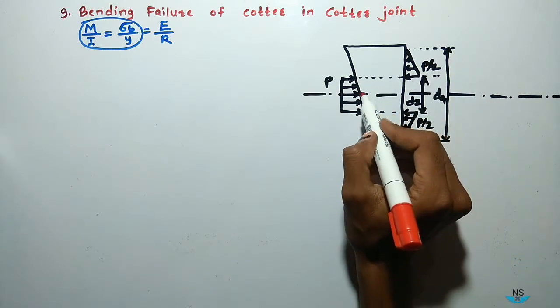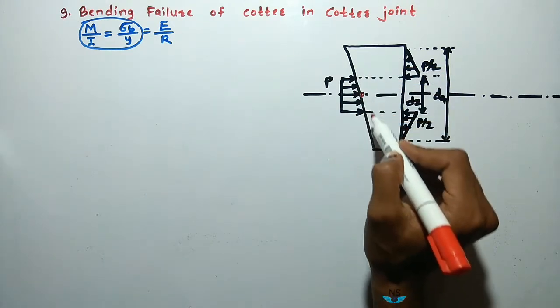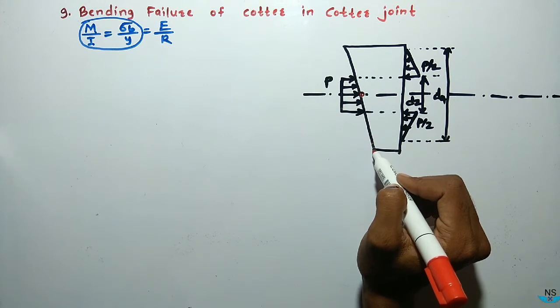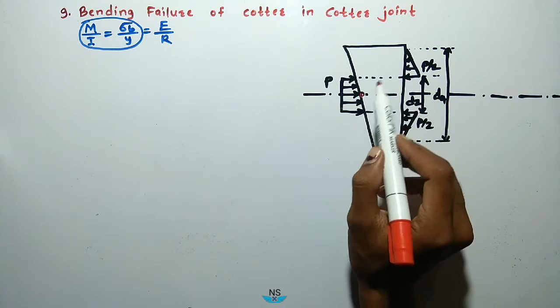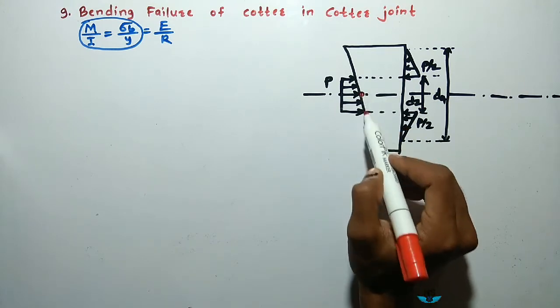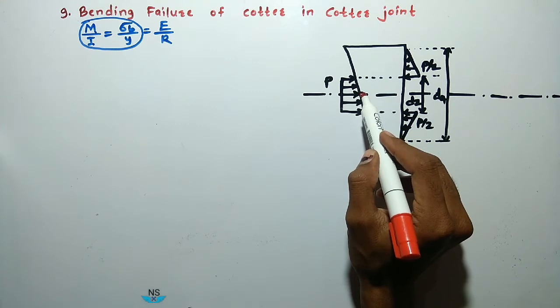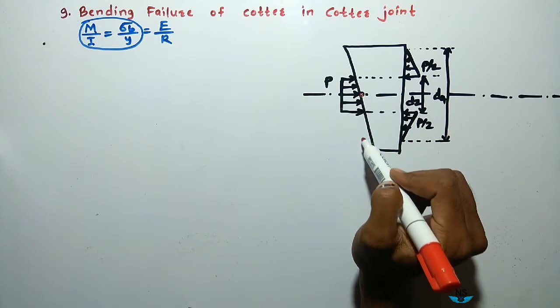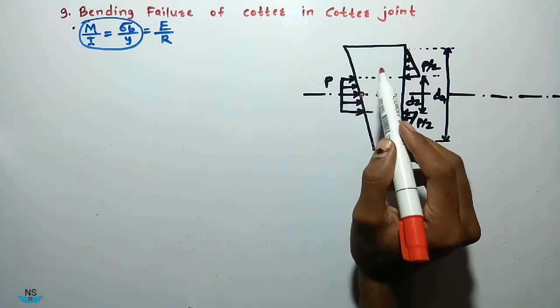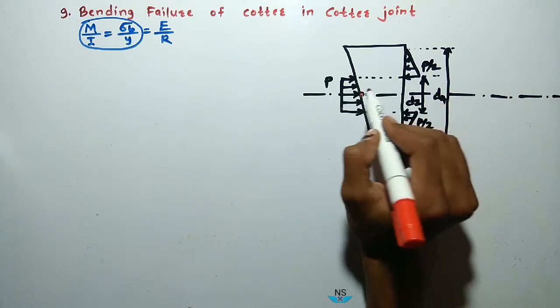Now we know moment at a point from this side, means from top side, is equal to moment at a point from bottom side, means moment at a point from both the sides is equal. So we only require to find out moment from any one side, from top side or from bottom side. So I will find the moment from top side.